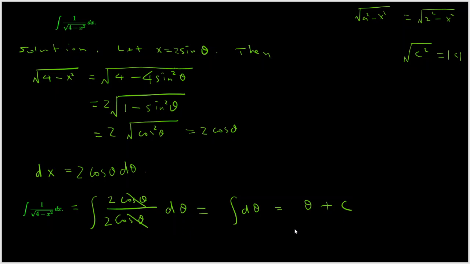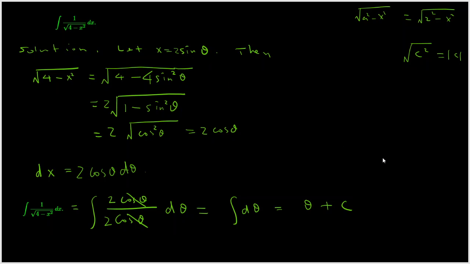For the final answer, the original integral is an integral in x. You need to write the final answer as a function of x. In some cases it's a little bit weird, but in this case it's simple. We always use the relation between x and theta from the substitution. The substitution is a relation between x and theta, right? So we want to write the final answer as a function of x.